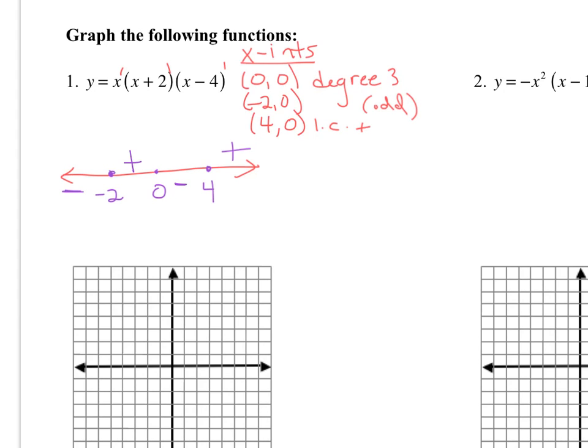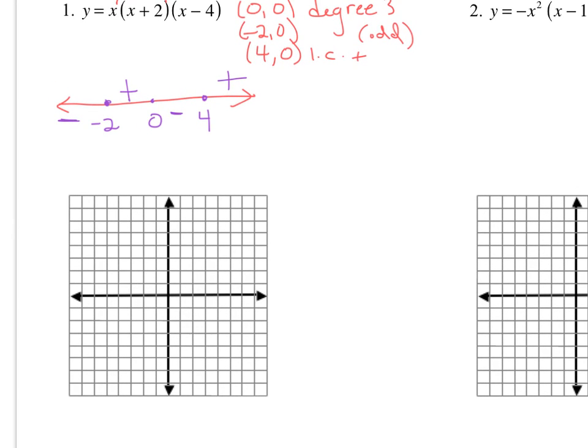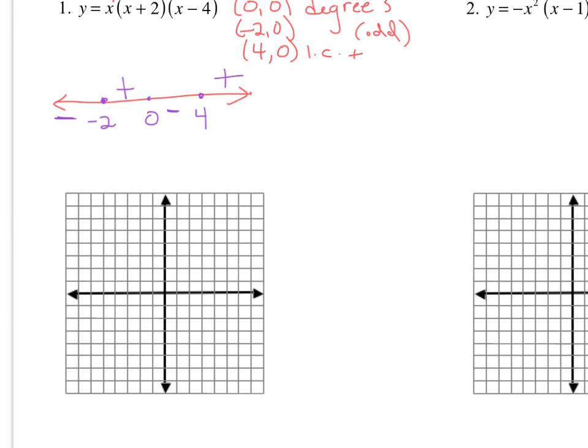So then that is now pretty much your number line, and you go back and graph how we did on the previous page. So we're going to graph our x-intercepts, negative 2, 0, and 4, and then we have below the x-axis, and then we go above, and we go below.